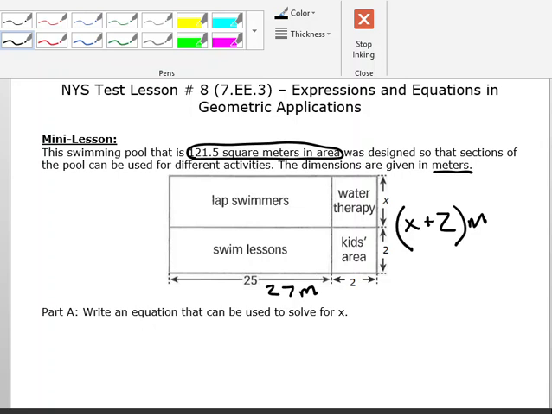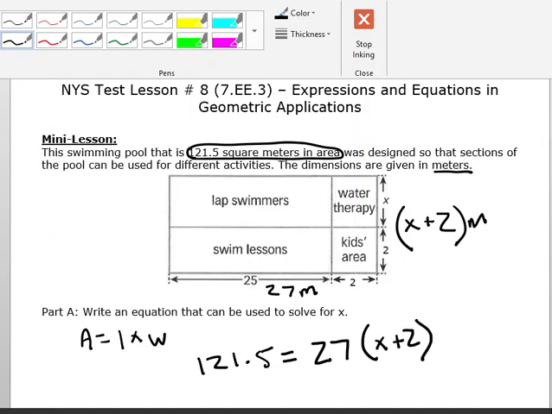So I want to write an equation that can be used to solve for x. Well, I know that area is equal to length times width. Base times height is also fine. And I also know that the area here is 121.5 meters squared. It's going to be equal to 27, that's my length, times x plus 2.